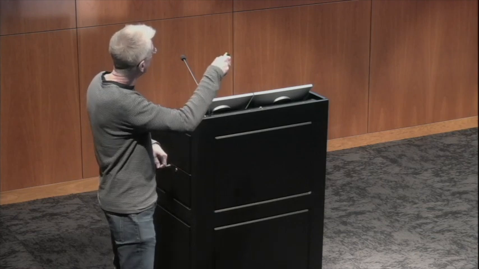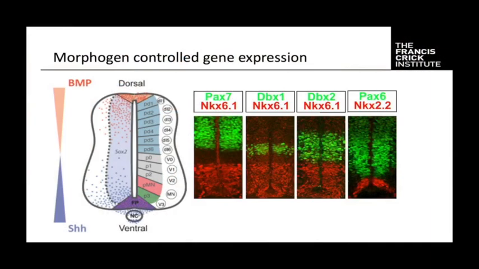Dorsally, signals including BMPs and WNTs are important, whereas ventrally, the secreted molecule sonic hedgehog, emanating from the notochord, which sits underneath the spinal cord, and cells at the ventral midline, is important for the pattern of gene expression in ventral progenitors and the production of the neurons which arise in the ventral region.